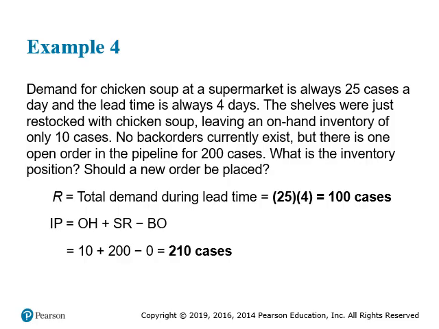So 25 times 4, the demand times the lead time, gives us 100 cases would be the reorder point. This is the simplest scenario for finding a reorder point. When demand is constant and lead time is constant, there's no uncertainty. It's pretty obvious. The reorder point is just the demand times the lead time.